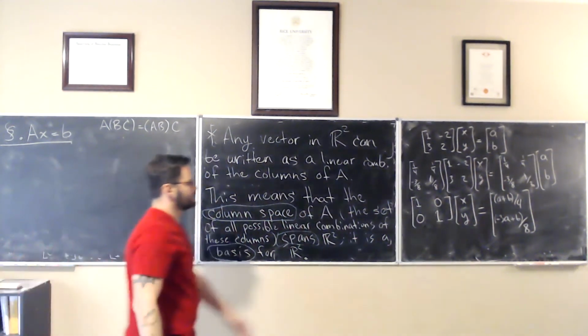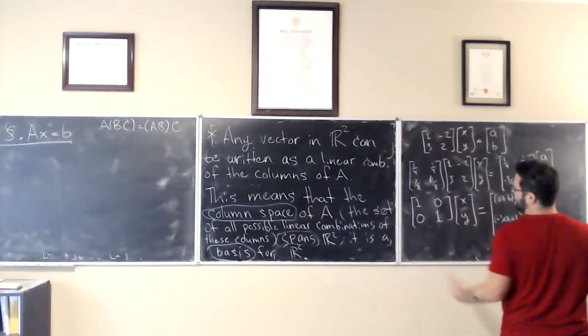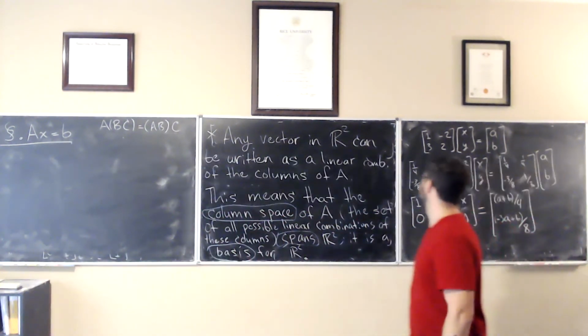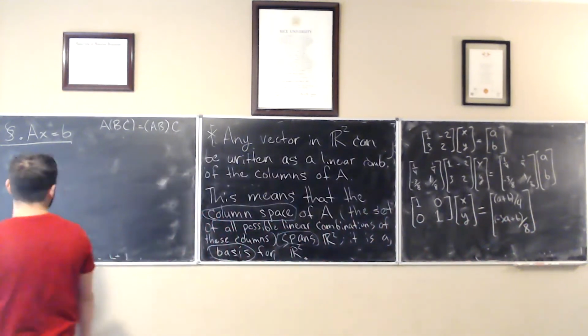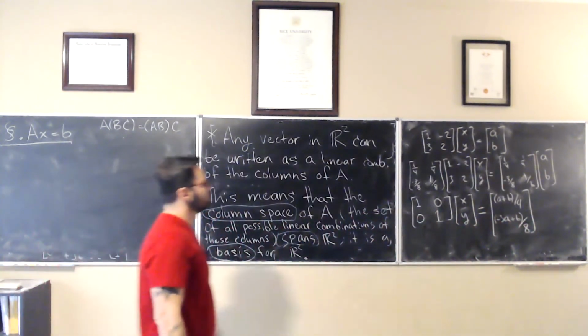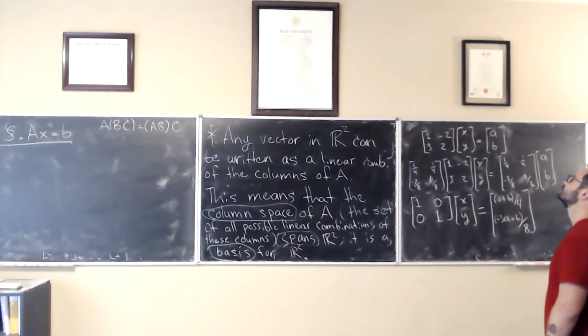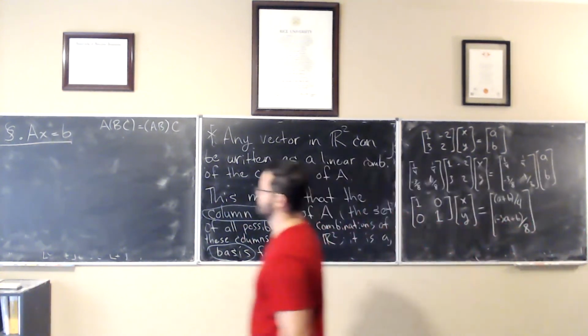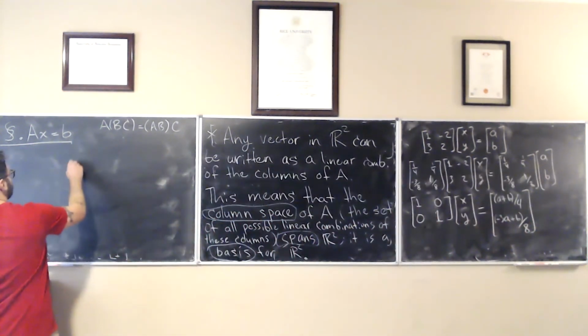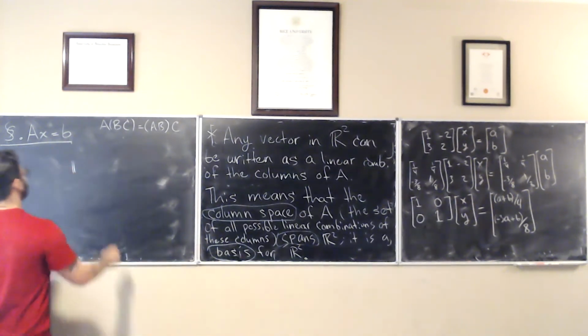So let's look at an example when this doesn't happen. When can this not happen? Actually, I want to check something real fast. What is the norm of these things? I want to know the norm of the columns.